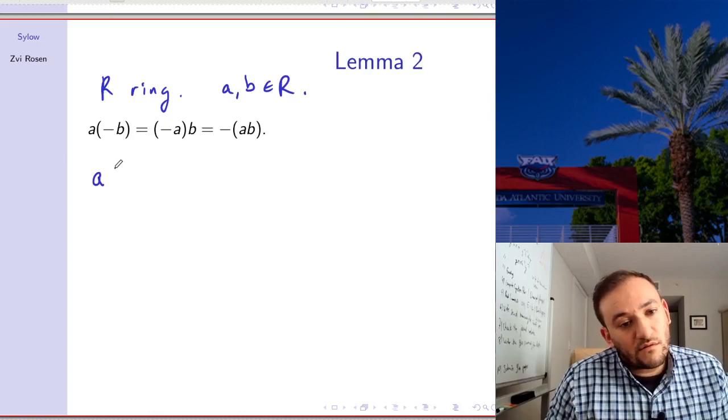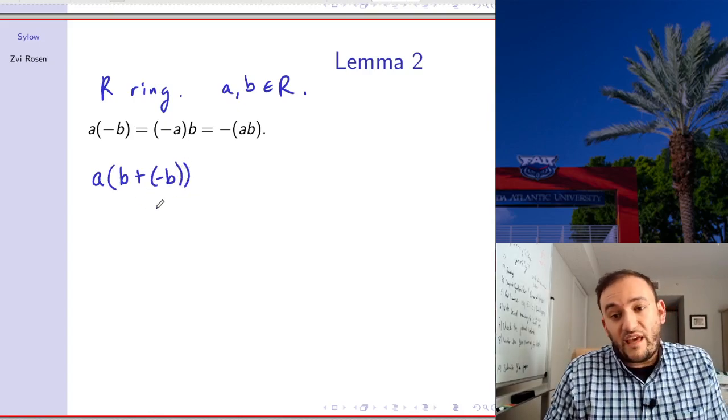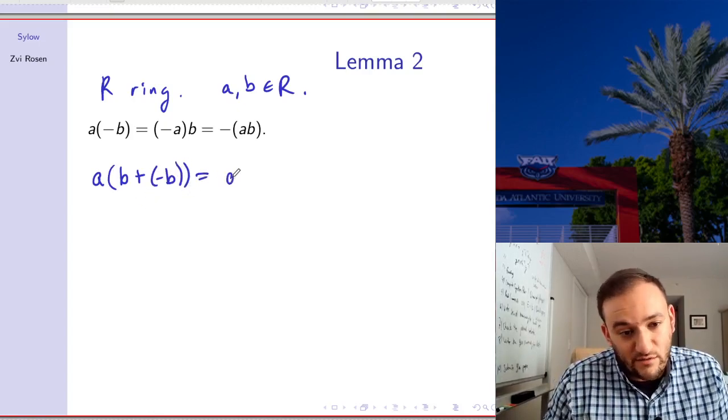So we know that A times (B plus minus B), by definition of the additive inverse, is equal to A0, and we just learned that this is equal to 0.